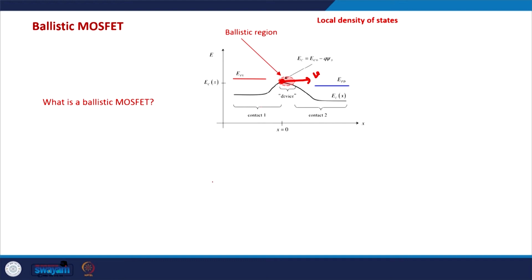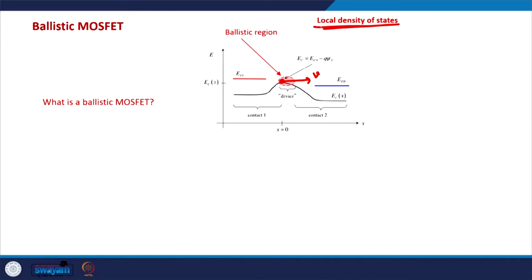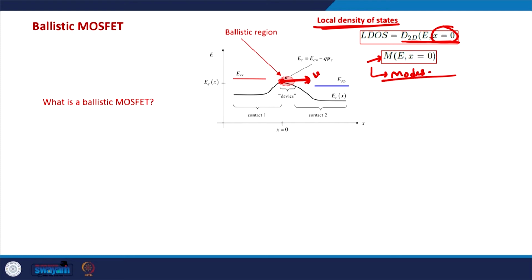Here, in order to better understand the electrons' behavior, we need what is known as the local density of states, which means the number of electrons per unit energy right at the top of the barrier. It is generally represented as the density of states as a function of energy, but at x equal to 0. So, this x equal to 0 is the point at the top of the barrier. Okay. And right at this point we also need what is known as the number of modes in the MOSFET.